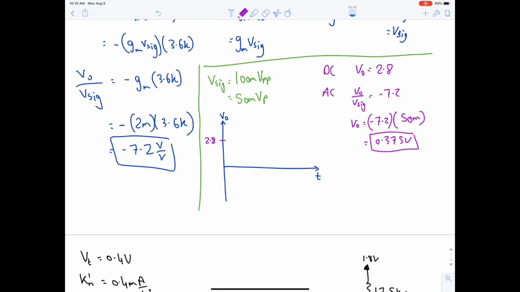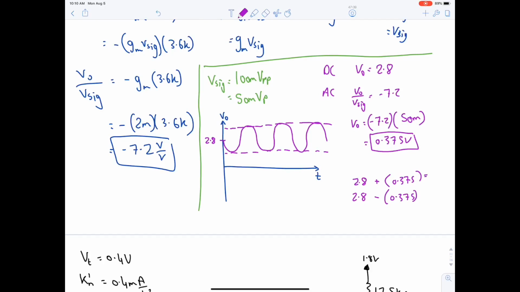We need to start from bottom because the output is negative. Okay, what's the peak value? We need to figure it out. What's the minimum value? We need also to figure it out. So what we're going to do, we will say 2.8 minus the AC component, 0.375. Okay, the answer here is 2.4.